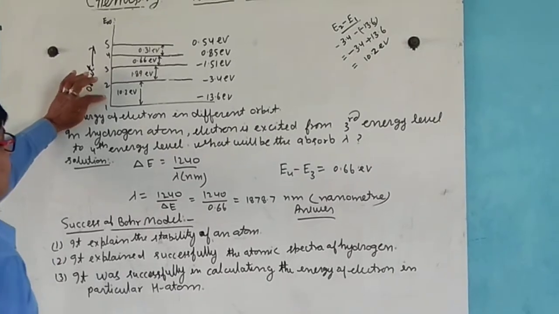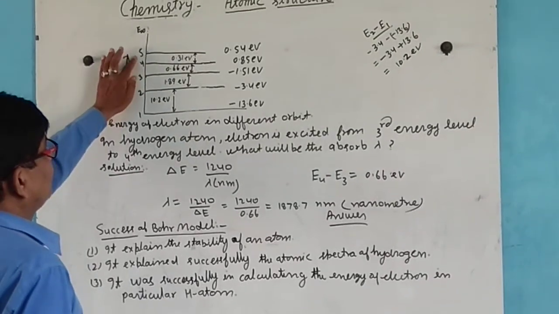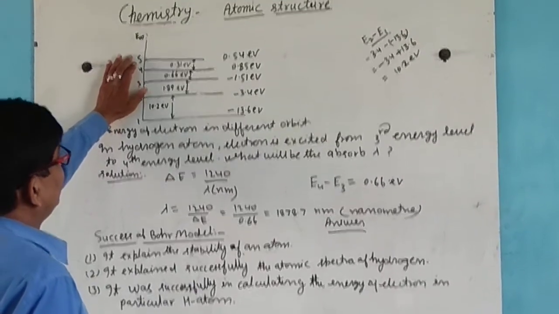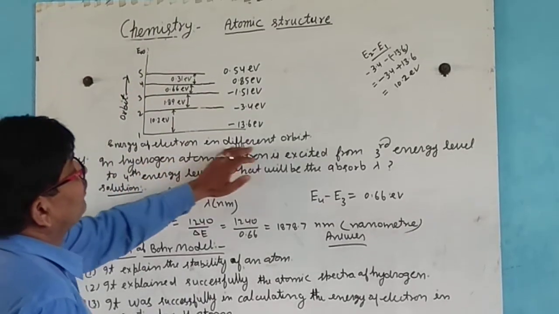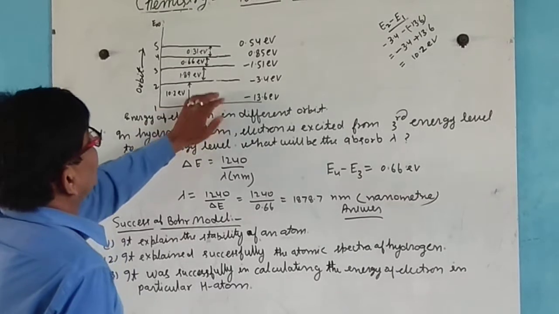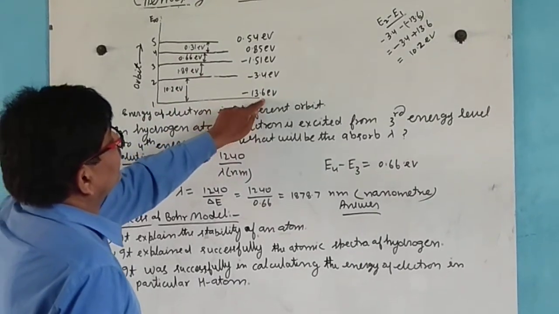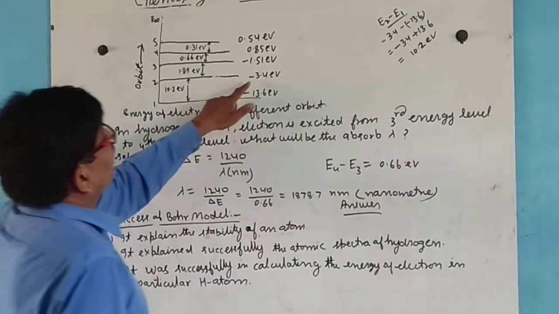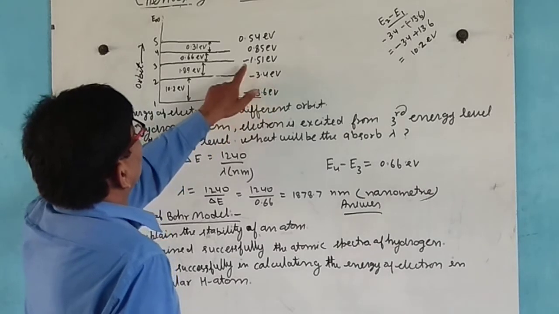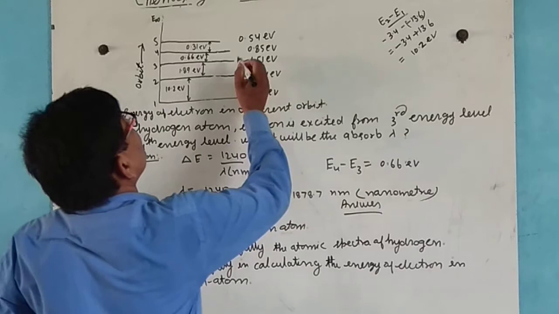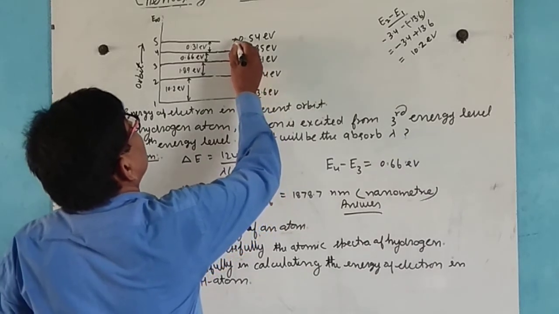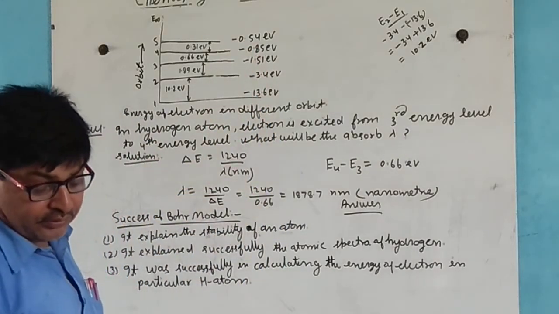This is first orbit, second orbit, third orbit, fourth orbit, fifth orbit. For the hydrogen atom, the energy of the electron in different orbits: first orbit -13.6 electron volt, second orbit -3.4 electron volt, third orbit -1.51 electron volt, fourth orbit this, and fifth orbit this.